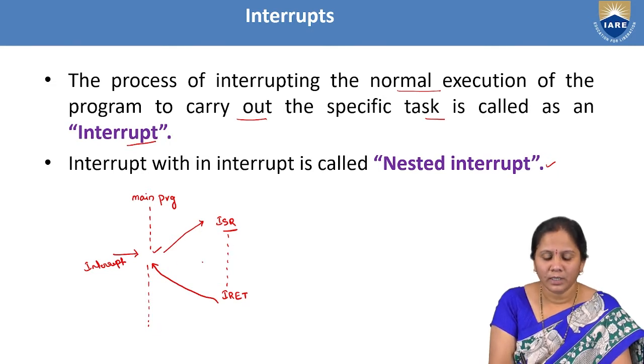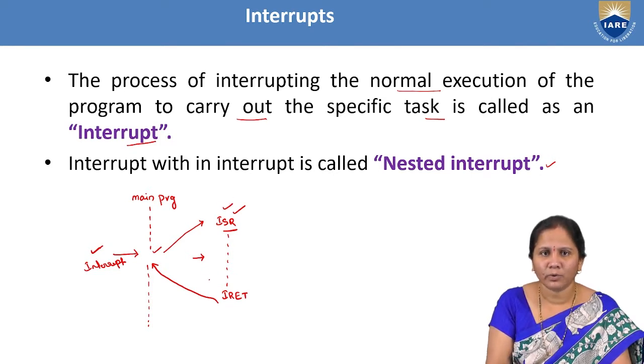Now, there is no rule that an interrupt should come only during the main program. There is also the possibility of an interrupt coming during execution of the interrupt service routine. In the first case, when the interrupt has occurred, the control has branched to the interrupt service routine.